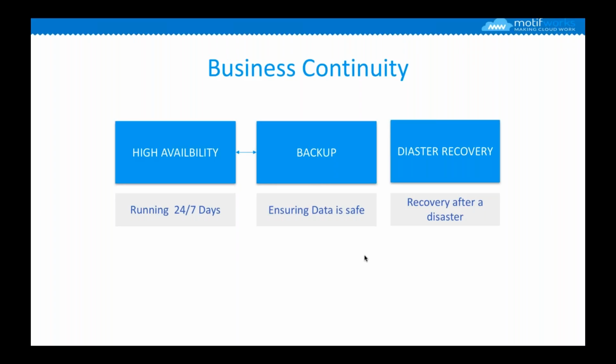The last one, and the main topic for this webinar, is disaster recovery. It is being able to recover in case of a major disaster. If something happens, you should still be able to recover from the backup and spin up the environment.